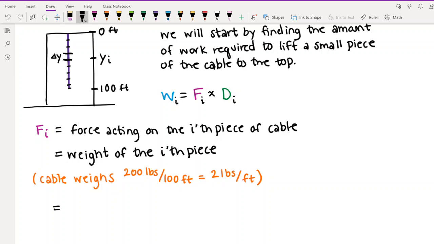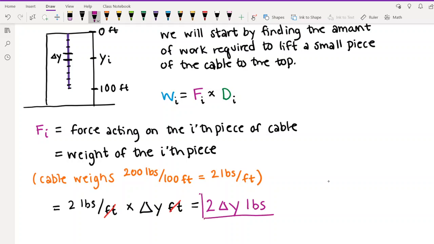So the weight of the ith piece is going to be equal to 2 pounds per foot times delta y feet. The feet cancel out and we're left with 2 times delta y pounds. That is our force, because in this case, force is just weight. This is going to be a common theme in these work problems: there's often some kind of density that you have to use to figure out a weight.